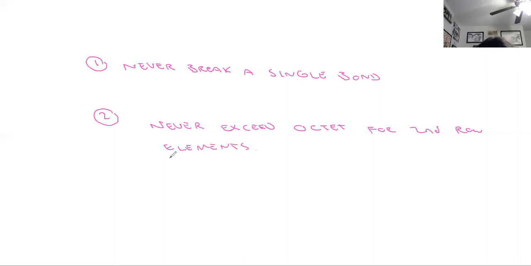So when we say second row elements, we mean boron, carbon, oxygen, nitrogen, fluorine. But there's an important note here, and it's that we can have less than an octet.